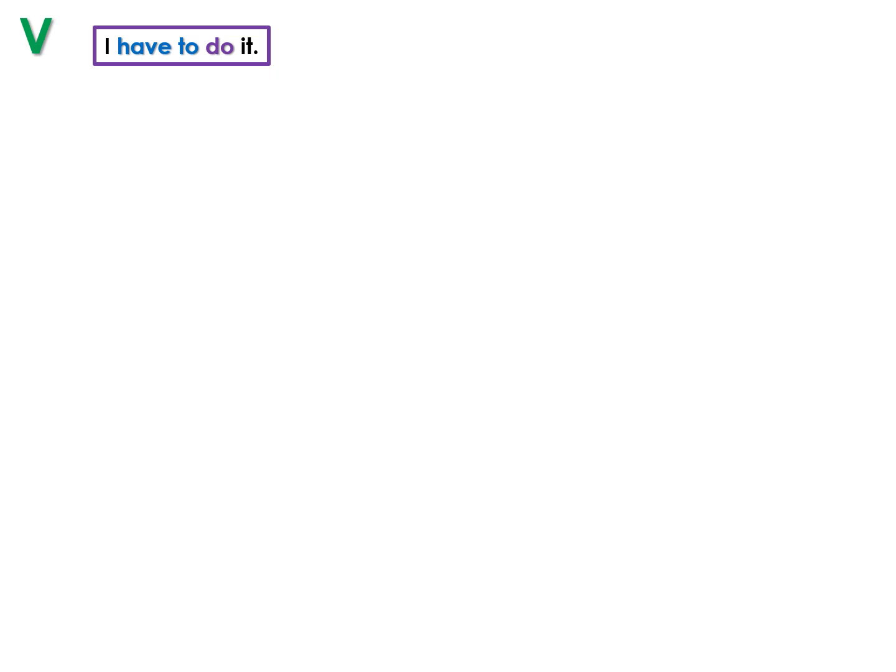Say the sentence, I have to do it. Here are some ways to say I have to do it. The verb to do is suru. Negative is shinai.